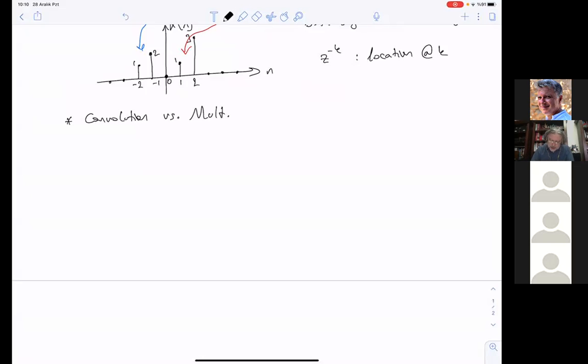So suppose that x of n is equal to 2 delta n plus 1 plus delta n plus 3 delta n minus 1. Now I'm writing it deliberately like this instead of plotting it, so that you must get accustomed to this kind of a representation too.